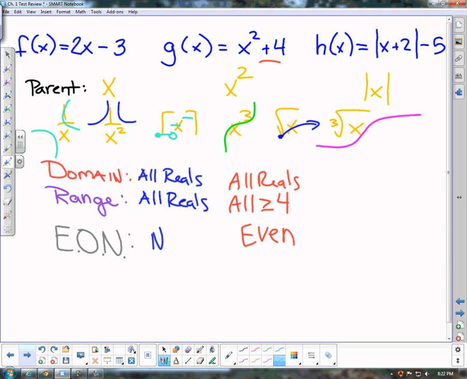And our last one, domain is all reals. Range is all greater than or equal to negative 5. And even, odd, or neither would be neither because it's shifted to the left 2 and down 5. And so the V is going like that, which you can't fold it or spin it either.